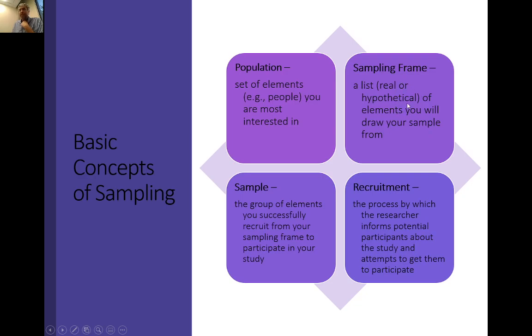Sampling frame is the list of everybody that could be included in your study. So say we wanted to study everyone in this class and what their opinion was on a social issue. Well, you just have the emails of everyone in the class and you send them your survey. That's the sampling frame. The sample are the people that actually answer the survey. Not everyone will. So sample is less than the sampling frame.